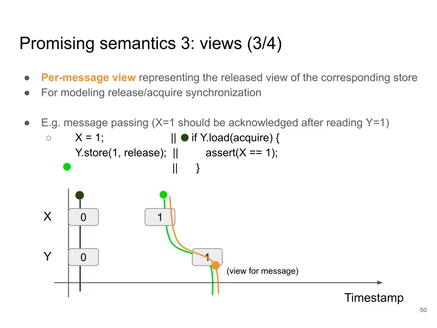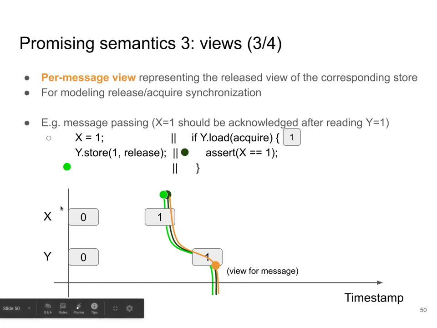And now, in the second thread, it is acquire loading the value 1. And it is going to read this message, but it is acquire. So what it does is that the per message view, annotated here, is incorporated into the per thread view of the right thread. And as a result, the right thread's view becomes this. So recall that if this is not acquire, then the view should be x equals 0 and y equals 1, because it is not acquire.